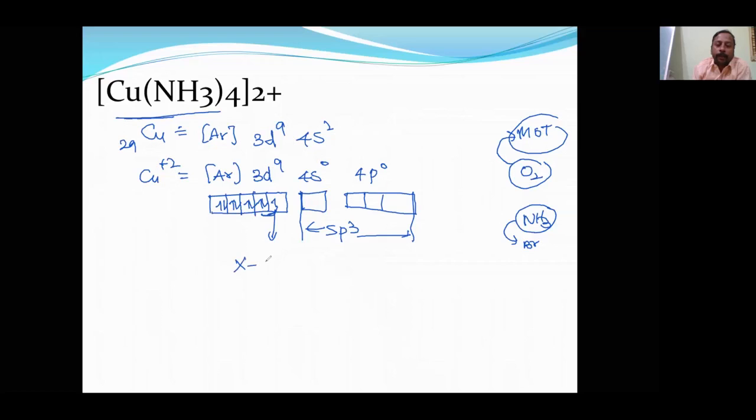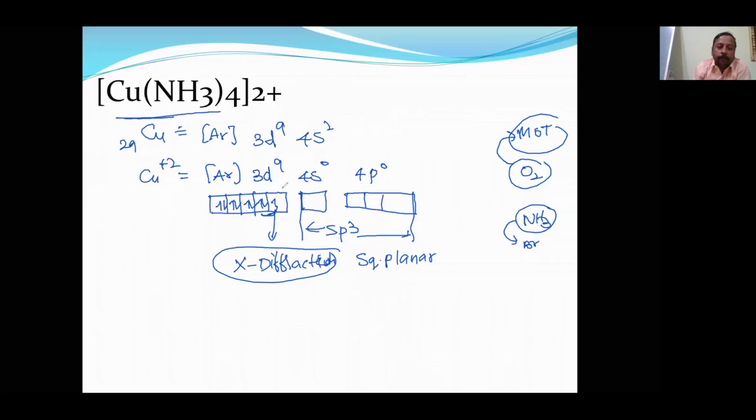But one sudden day, they determined the structure by X-ray diffraction methods. The X-ray diffraction method revealed that it is not tetrahedral. Then it was found that it is square planar. Then whatever you do in valence bond theory, they were not able to explain.